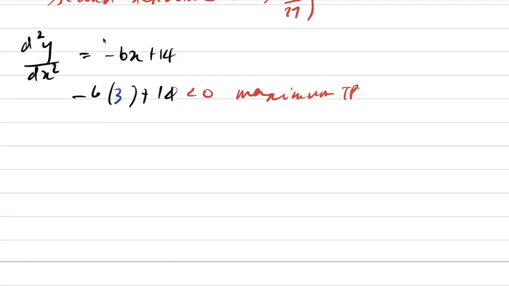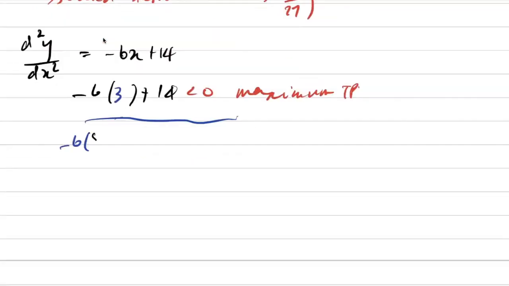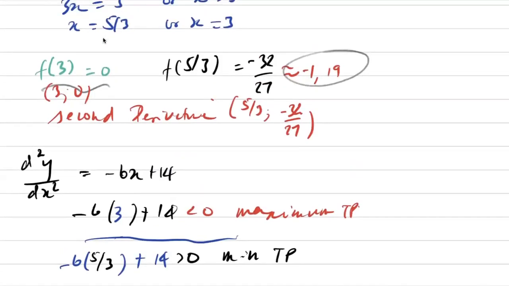And then if we substitute 5 over 3, we'll make this number way smaller, and if we subtract it from that 14, we're going to get a positive number. Here we have a minimum turning point. So this one is a maximum TP, and this one is going to be a minimum TP.